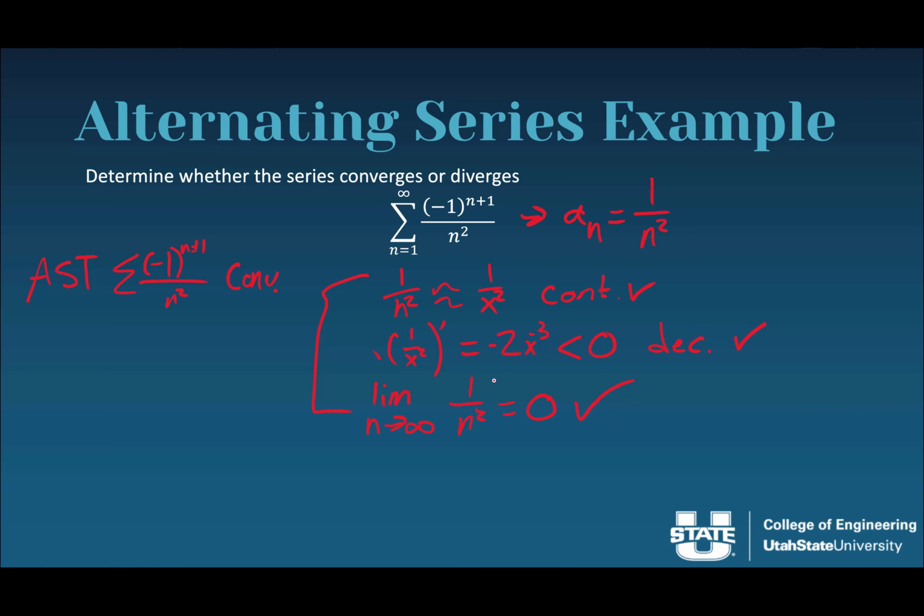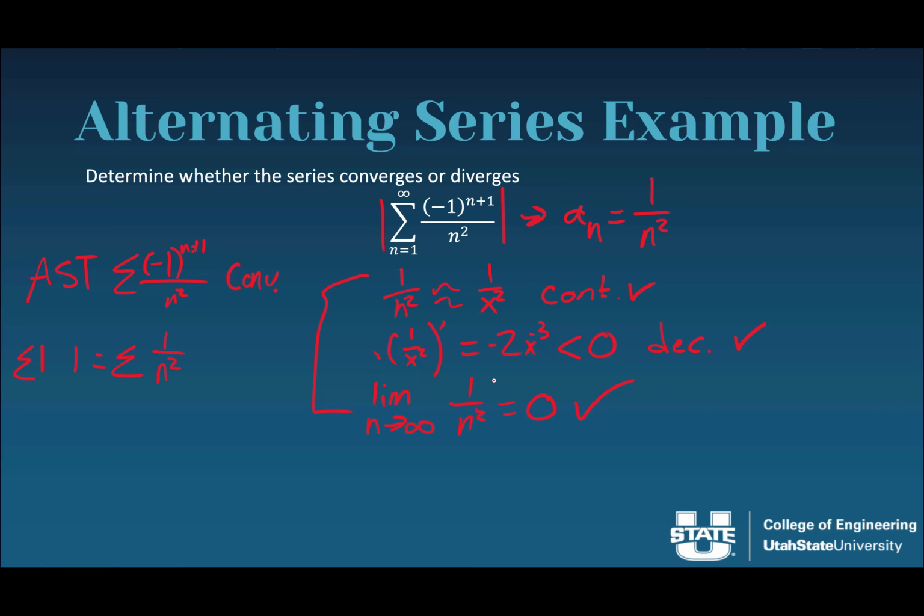Perfect. Okay, so just like you said, now we're going to test if this is absolutely convergent or conditionally convergent. To do that, I'm going to test the sum of the absolute value of my series, which is going to be equal to the sum of 1 over n squared, right? If I take the absolute value of all of this, that's what I get.